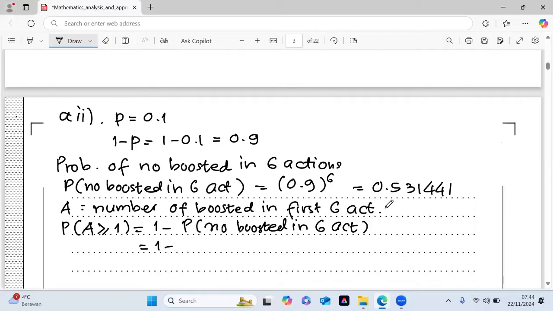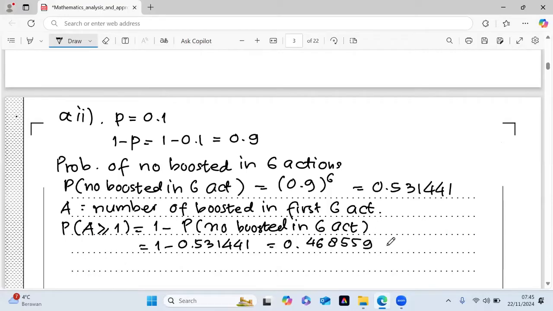It means 1 minus this number, 0.531441. And the result is 0.468559.